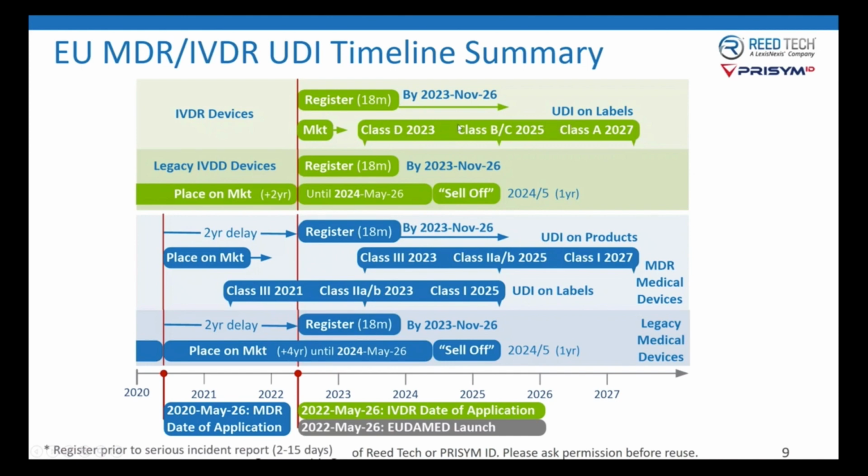Noteworthy is that all these registrations of all 4 of those classes that we just talked about are now in sync, starting with the UDI MED launch on May 26, 2022, 18 months later, out to November 26, 2023.